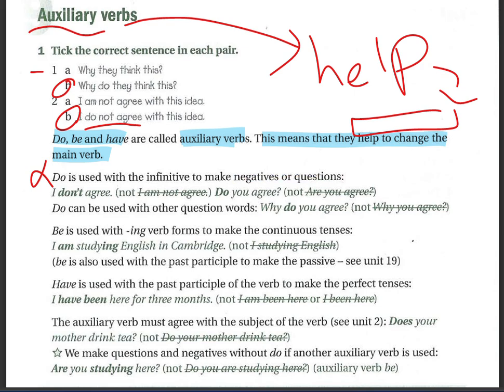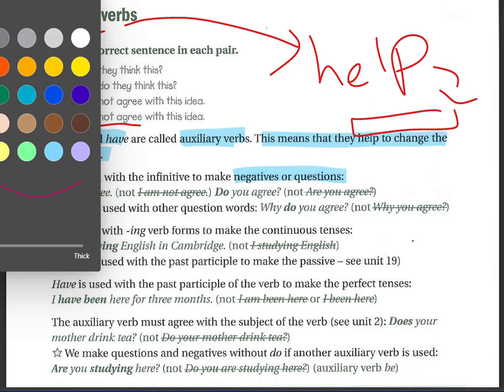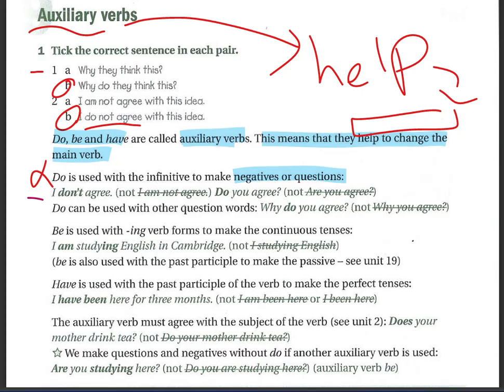So when it comes to negatives and questions, we can use do. Look at here. I don't agree. Do you agree? Do can be used with other question words. Why do you agree? So after WH questions, we also can use do. The next one, be, is used with ing verb forms to make the continuous tense.